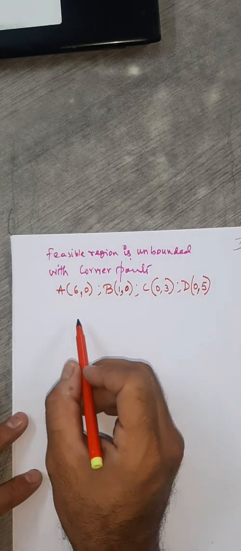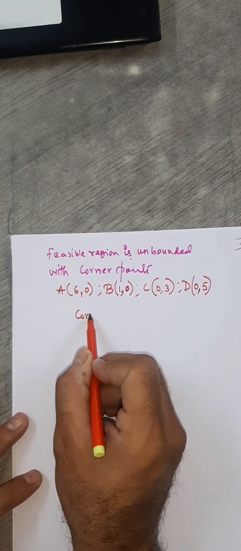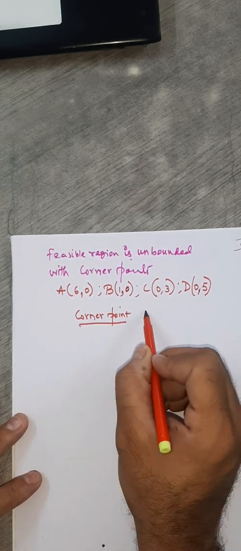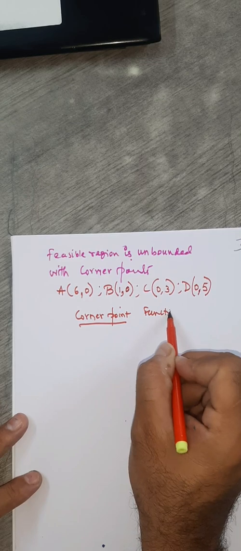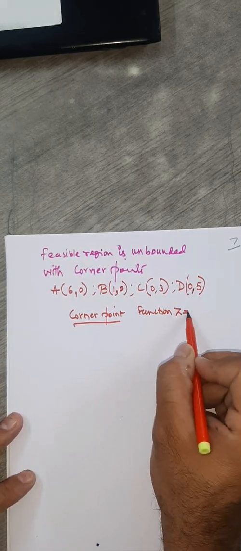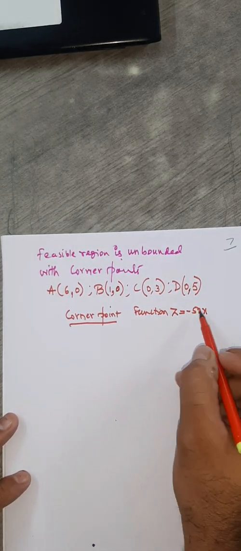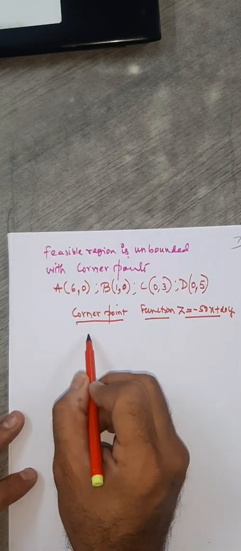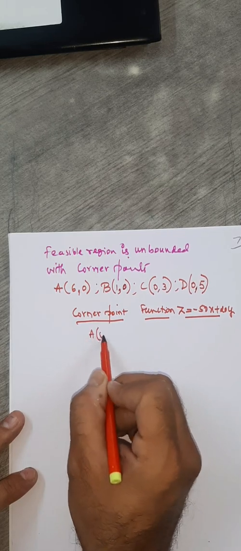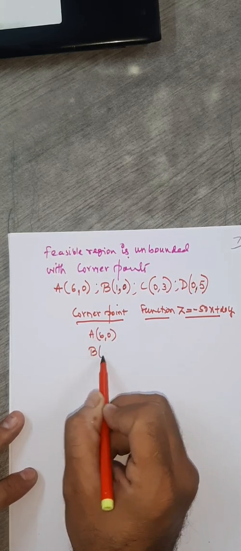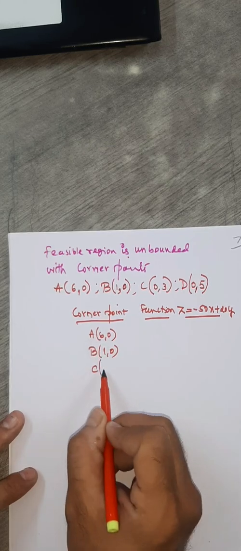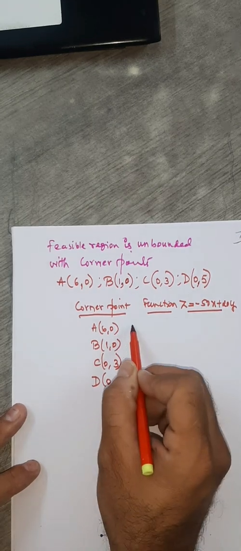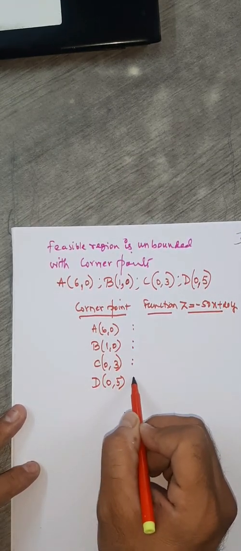Fine. Now we prepare the table as we were doing. So corner point and function here. Function z equals minus 50x plus 20y. Okay, so here (6, 0), (1, 0), labeling is not important, and (0, 5). We put them one by one into the function.